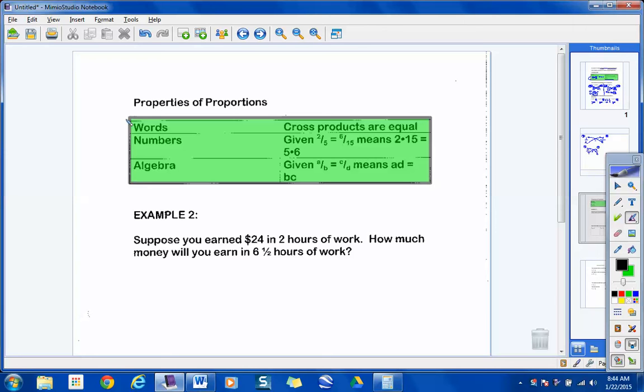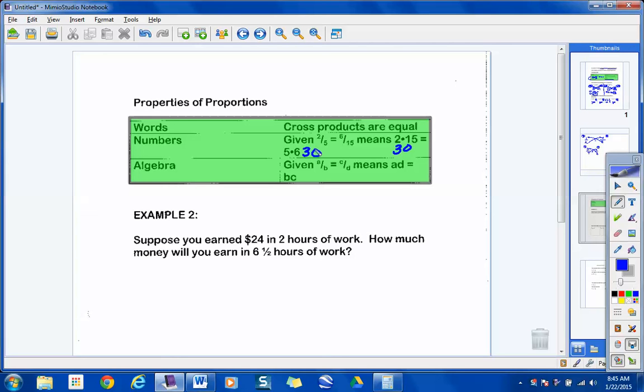So in numbers, given that 2/5 is equal to 6/15, it means that 2 times 15 is equal to 5 times 6. What is 2 times 15 again? 30. Equals, what's 5 times 6? 30, right? Now in algebra, all we're going to do is replace the numbers with variables.